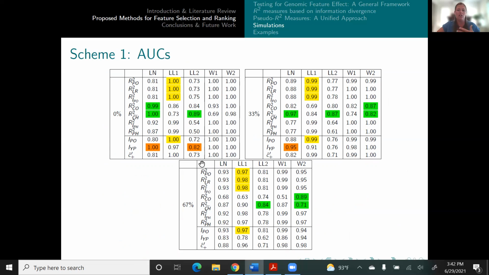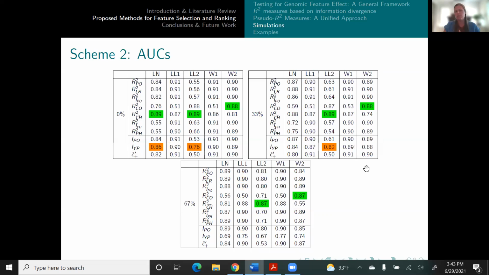IYP, which I have highlighted in orange in a few situations, is performing better than CONCREG overall. And then particularly in the log normal case and for lower censoring. And then you can also see that our CO and CH R-squared measures perform best in lower censoring and in the log normal case, and they're doing particularly well there compared to the other methods.